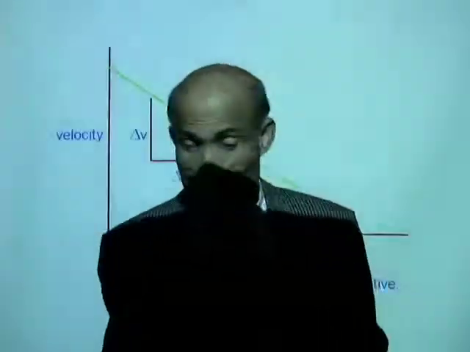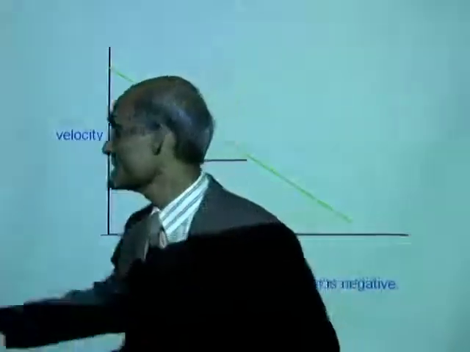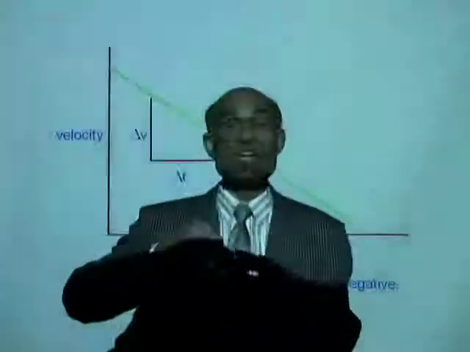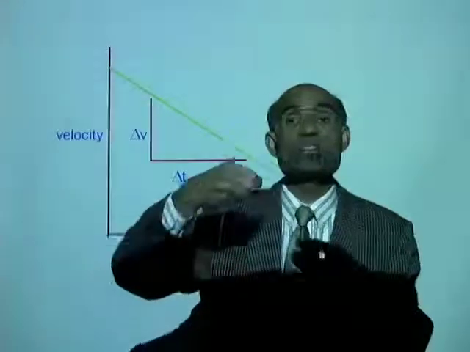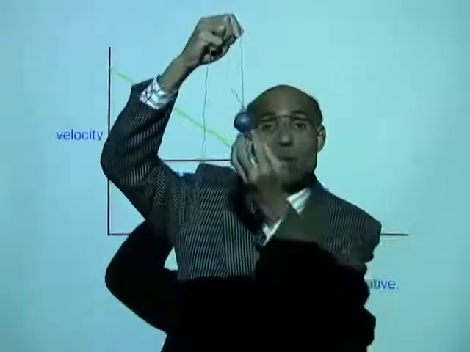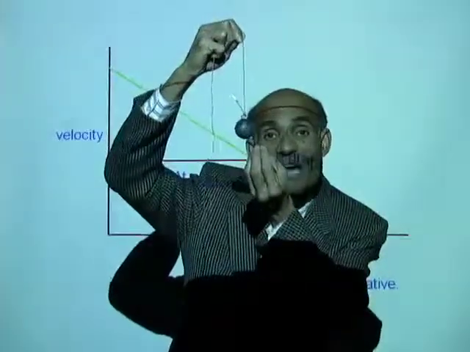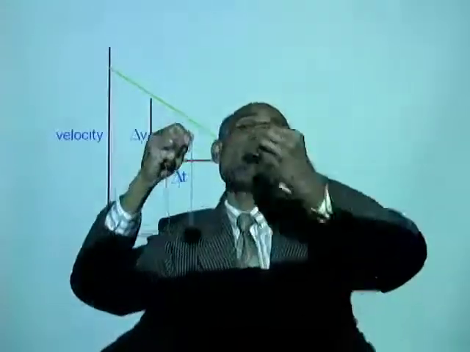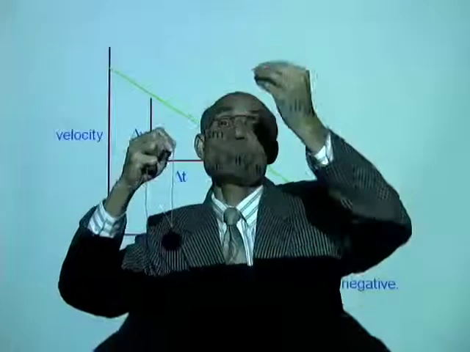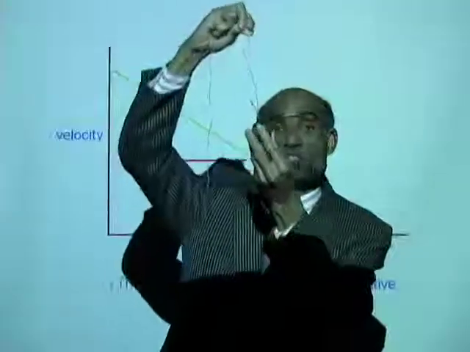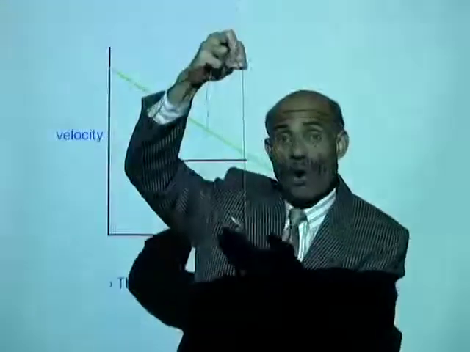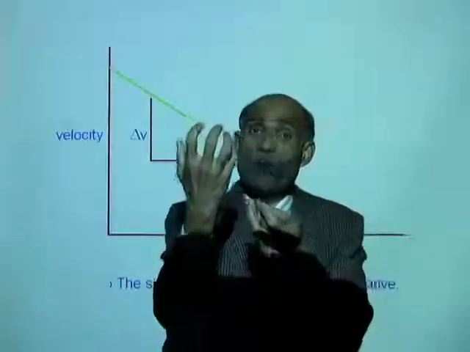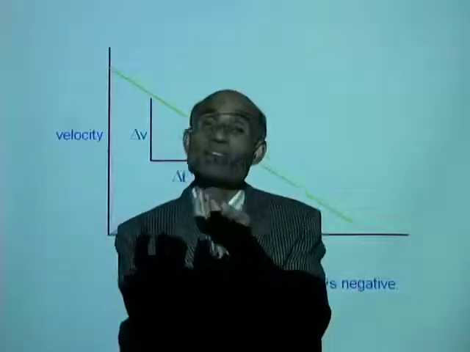Now, I will also talk about a negative acceleration if the acceleration is in the downward direction. You see, we are used to understanding a downward direction as negative and an upward direction as positive. So, if this object is allowed to fall, it actually falls with an acceleration.